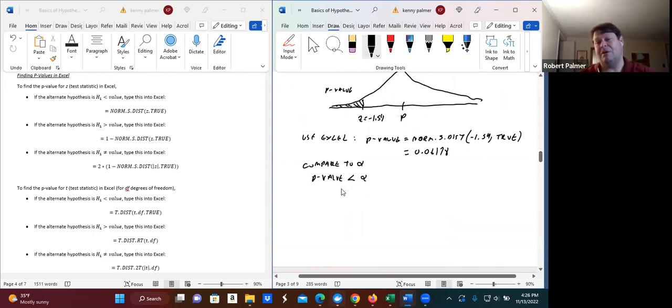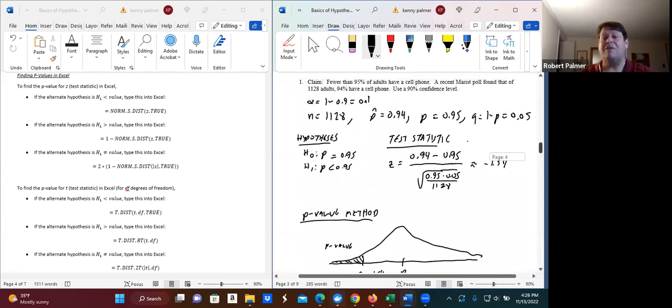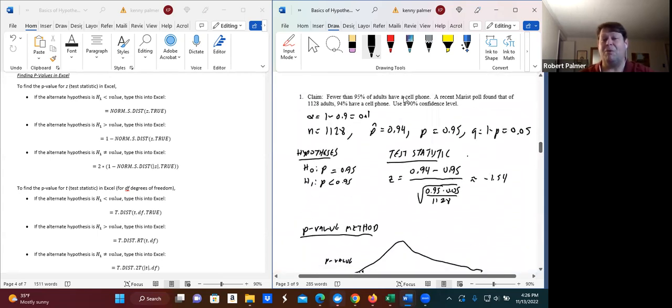Remember what alpha was. Alpha was 0.1. So that's clearly less. And what does that mean? So we reject the null hypothesis. What this means is that there's enough statistical evidence to support the claim that fewer than 95% of adults have a cell phone.